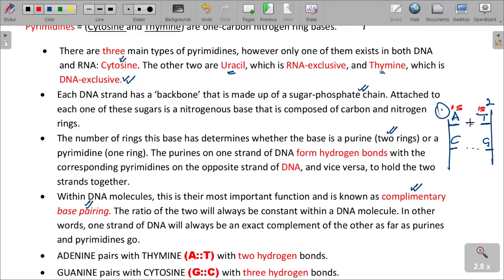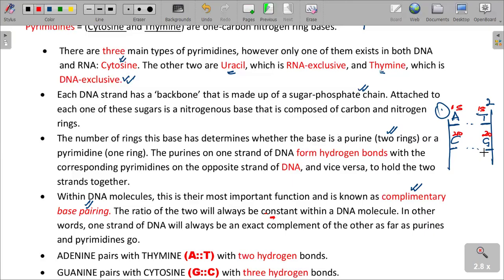So the bases that pair to each other have equal numbers: 15 A equals 15 T. If we have 20 G, it means we also have 20 C. This is the constant ratio I am talking about.